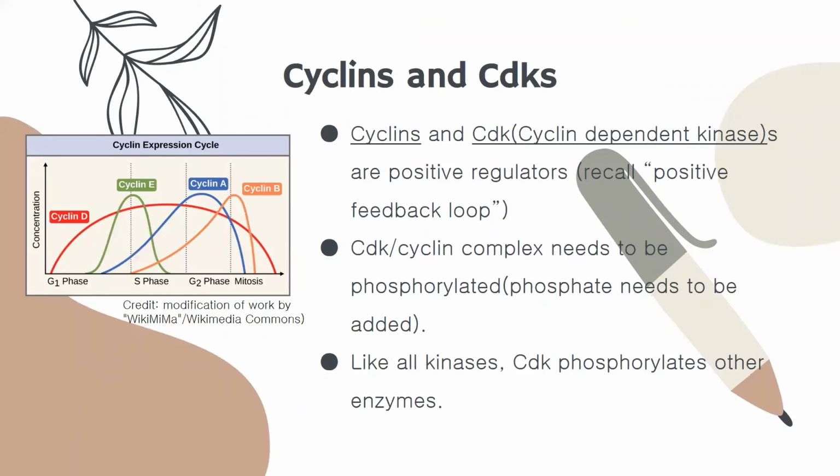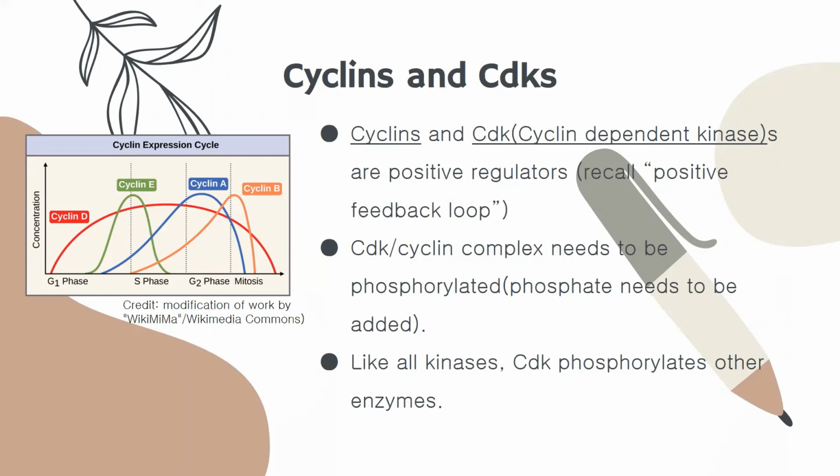So basically, these are the cyclins, and then the phosphorylating proteins that are dependent on the cyclins. They are positive regulators, and in this case positive doesn't mean good, as in morally good or quality-wise good. It's just, recall positive feedback loop.